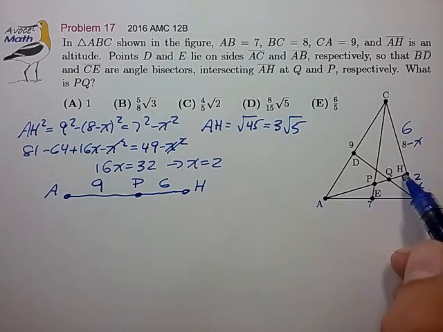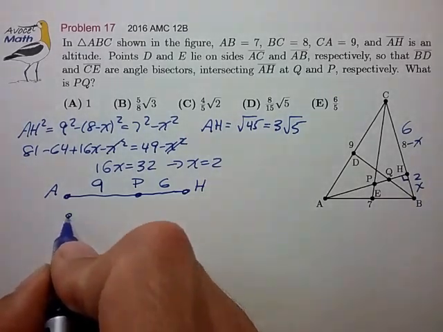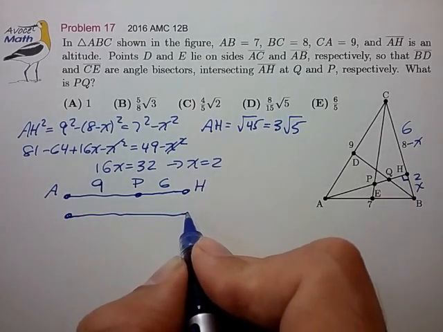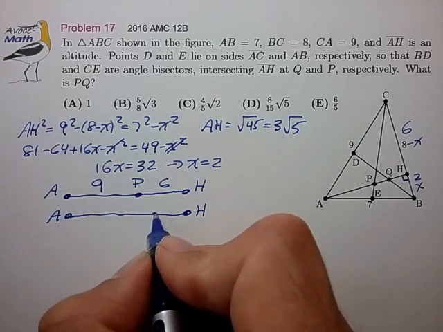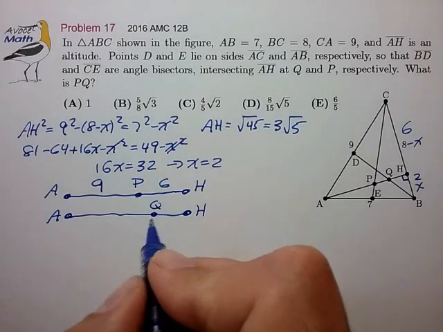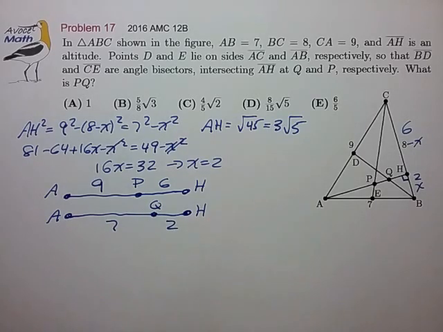And from the smaller right triangle, we also have that AQ is to QH as 7 is to 2. So let's make another little diagram to indicate that. So Q, and AQ is to QH as 7 is to 2.